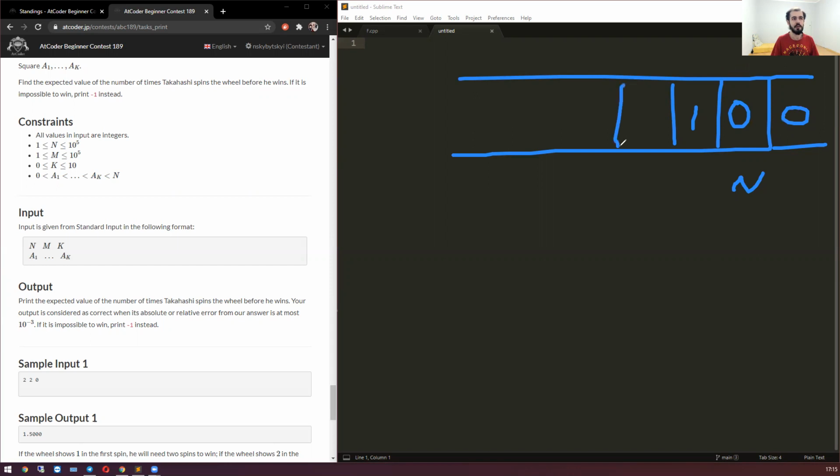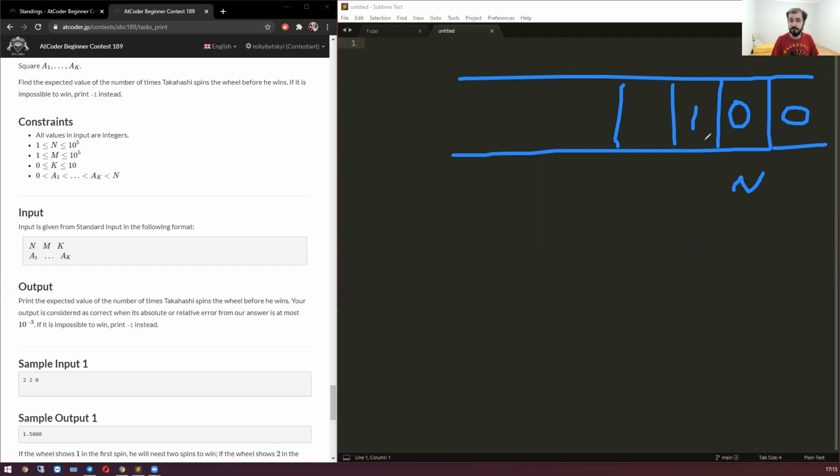And then I thought, okay, what's the next move? And the next move is the average of the next m numbers. So I realized that I want to maintain the average on a sliding window of width m.